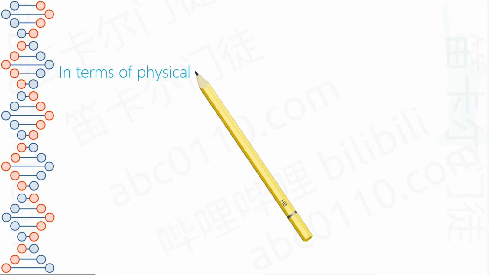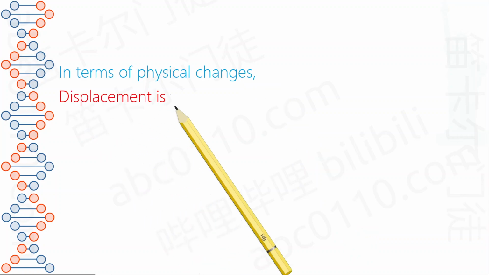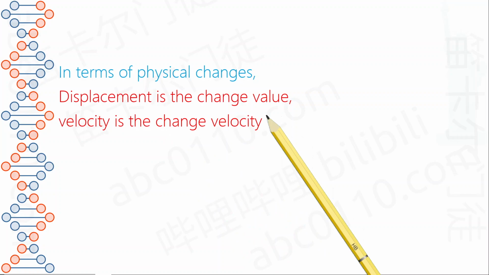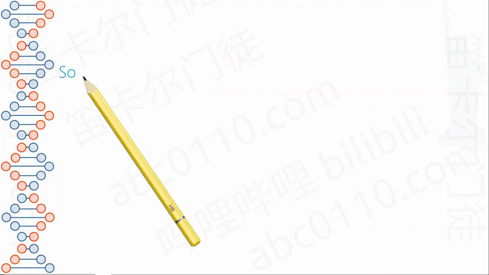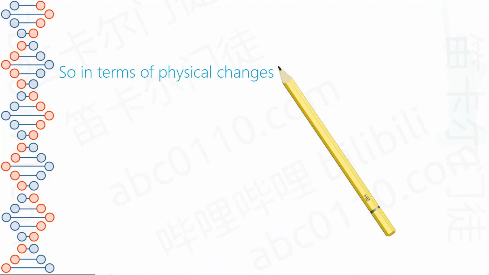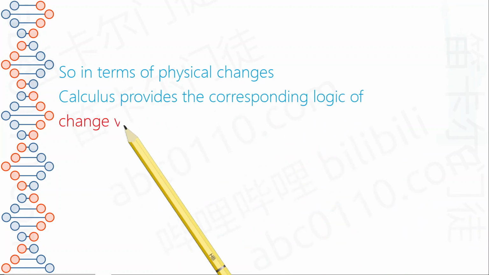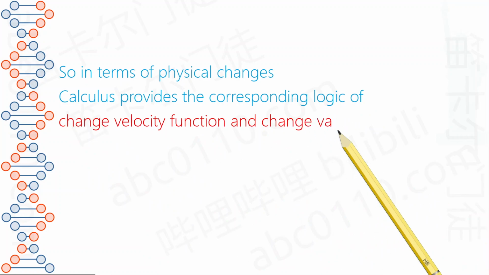In terms of physical changes, displacement is the change value. Velocity is the change velocity. So in terms of physical changes, calculus provides the corresponding logic of change velocity function and change value function.